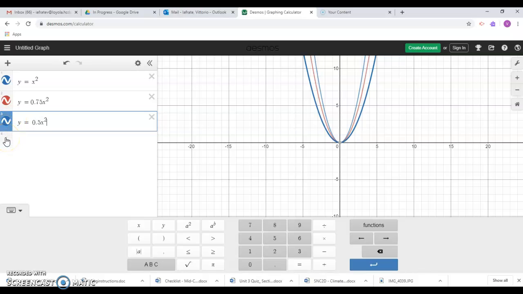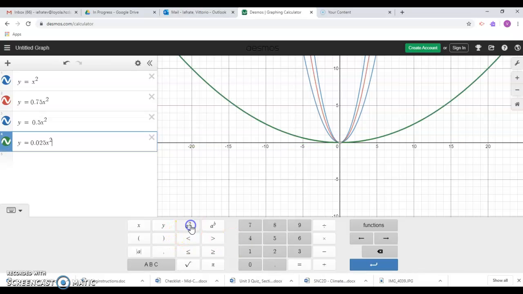For example, let's do something crazy here: 0.025x squared. Look how wide that parabola is, because it's rising so slowly. So if you have an a that's less than 1 but still positive, you get a wider parabola, because it's been compressed compared to x squared instead of stretched.